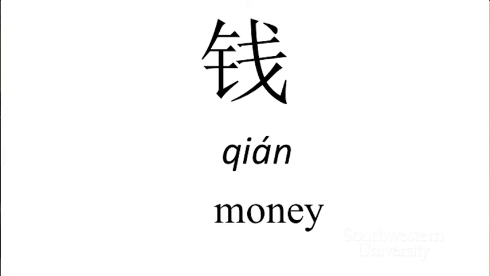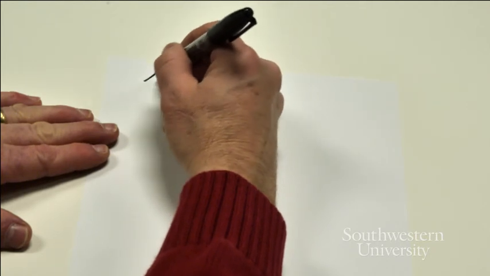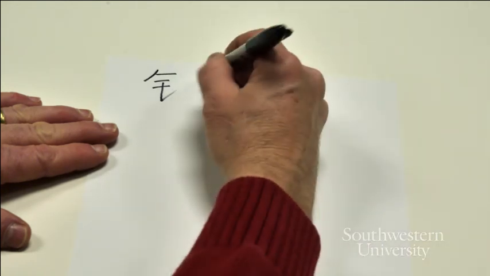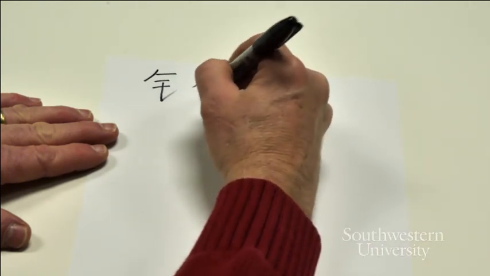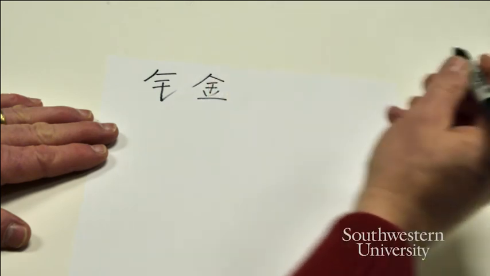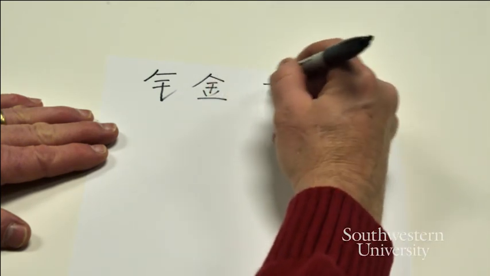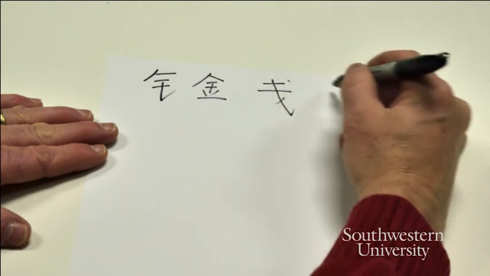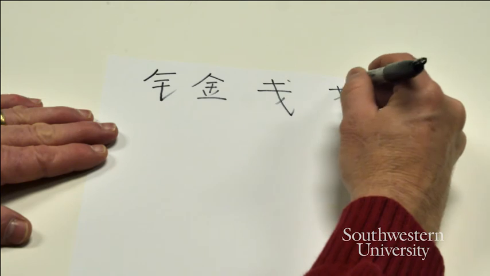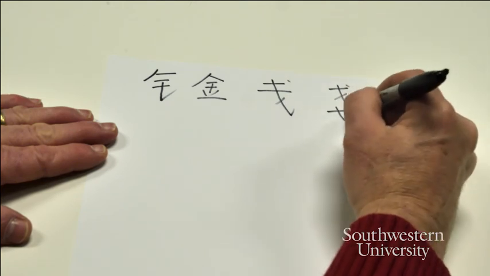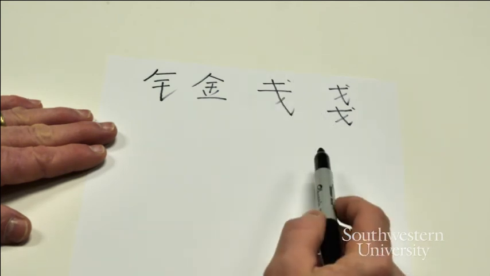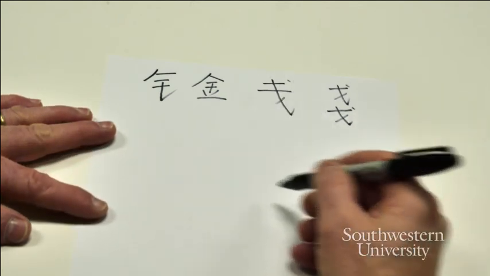Qian, or money, is the gold or metal radical, probably referring to gold this time, which is the short form of jin, gold or metal. And then the phonetic is this, a doubled spear. So in the traditional characters, it actually writes out the spear both times, but for the simplified form, you just combine it, which is convenient.